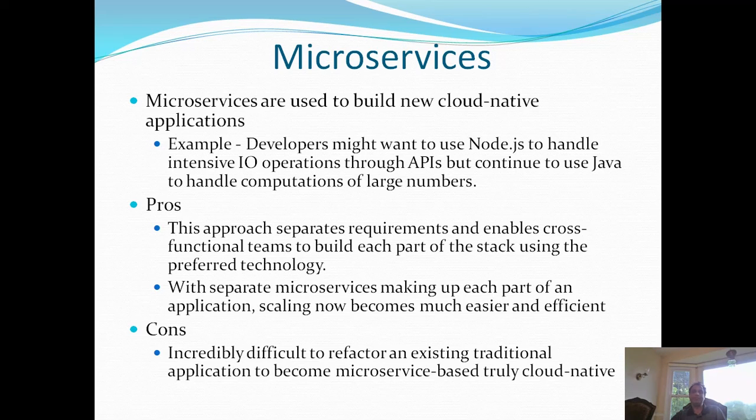With a separate microservice making up each part of the application, scaling now becomes much easier and more efficient. Previously, for each application we had to take care of the scaling as well, right? As the developer option. Now the framework, using the Dockerized deployment options for the microservices, takes care of those scalability issues. Okay, so the pros: we know that now you could compartmentalize your project into multiple functional projects, and for each project you could choose the right technology, the right language.